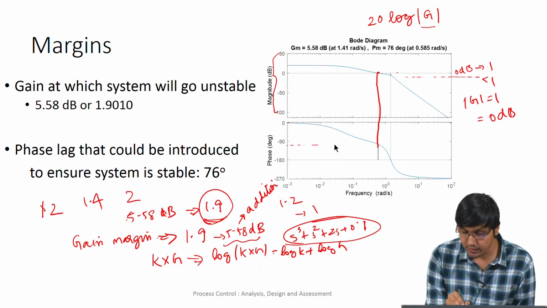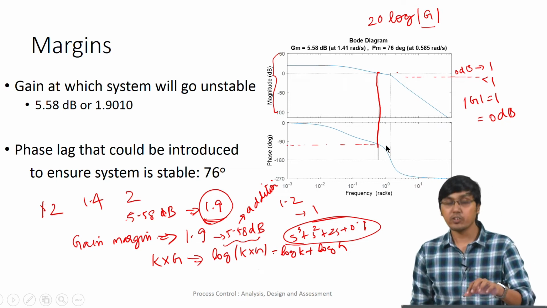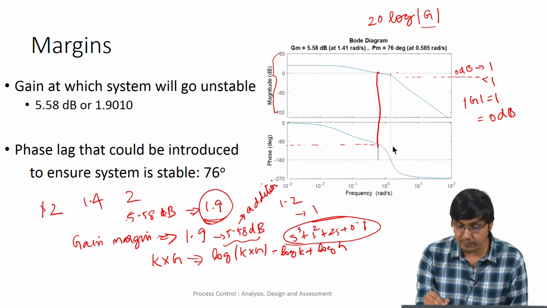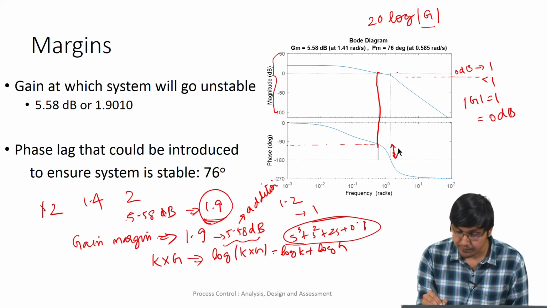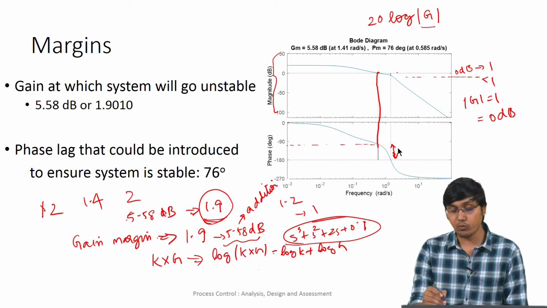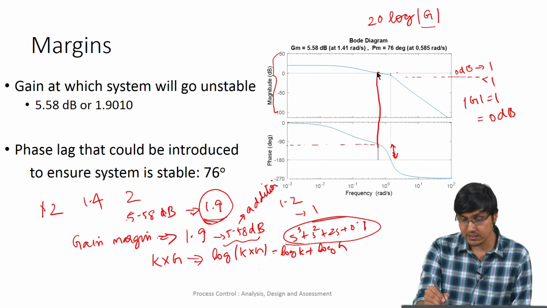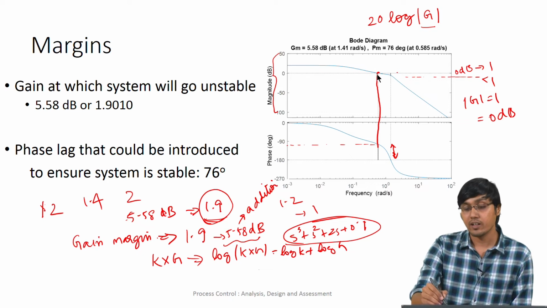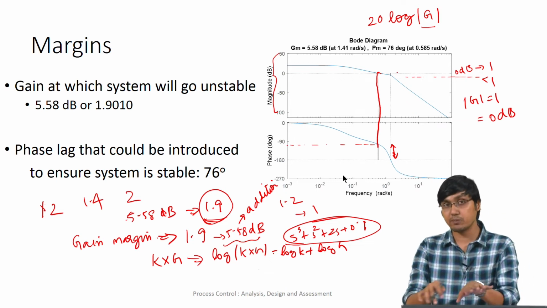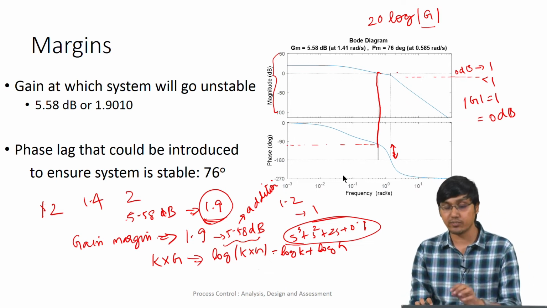Now if I introduce this much phase lag to make the system unstable, the condition is that at this particular value of gain equal to 1, I should have a minus 180 degree phase shift. But with this approximate model I am not getting minus 180 degree phase shift at this gain.